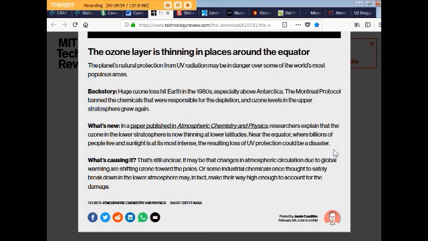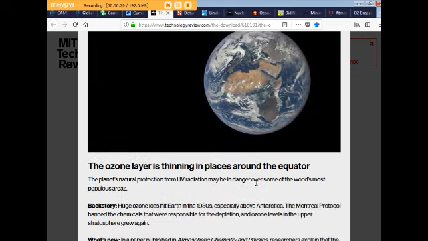That's still unclear. It may be that changes in atmospheric circulation due to global warming are shifting ozone toward the poles, or some industrial chemicals once thought to safely break down in the lower atmosphere may in fact make their way high enough to account for the damage.